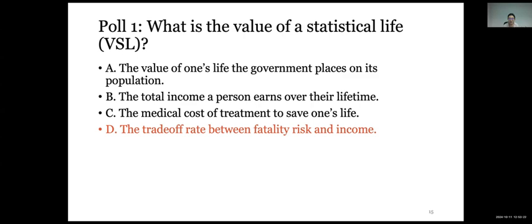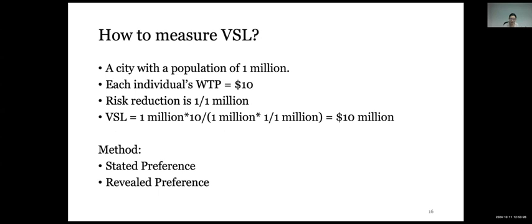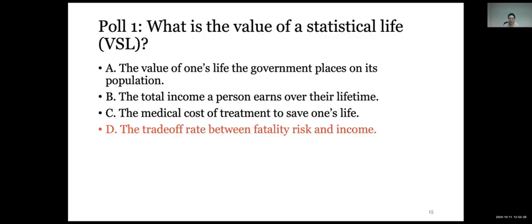Both options B and C offer a lower estimate of the value of statistical life because both options do not consider the intangible value of losing one's life. Basically, they do not consider the suffering, the pain, the sorrow and the emotional feelings that you have for losing one's life.